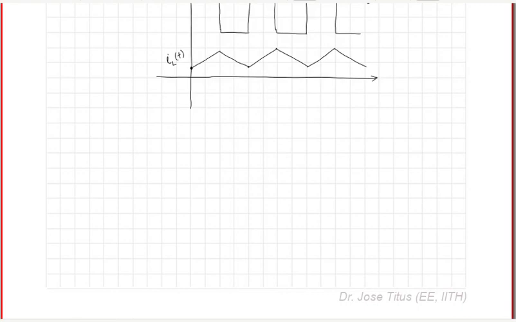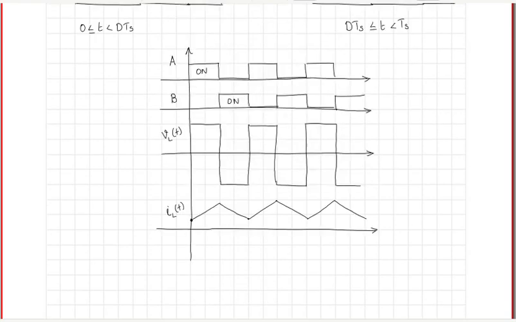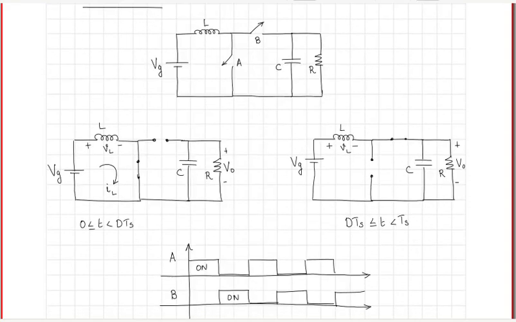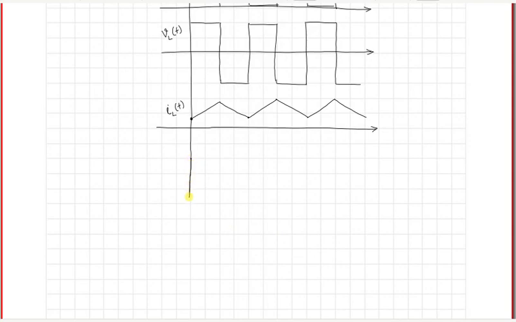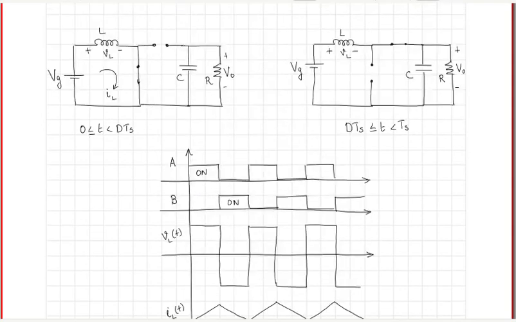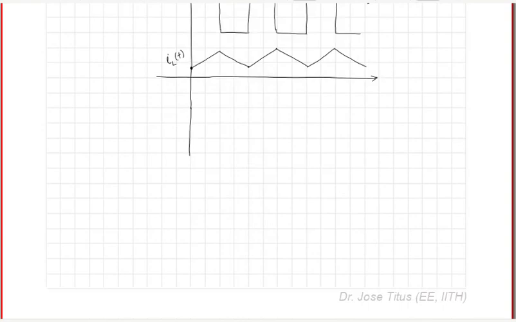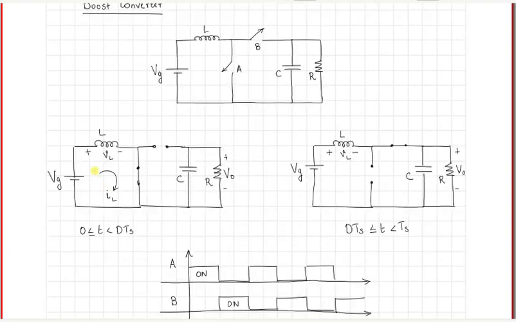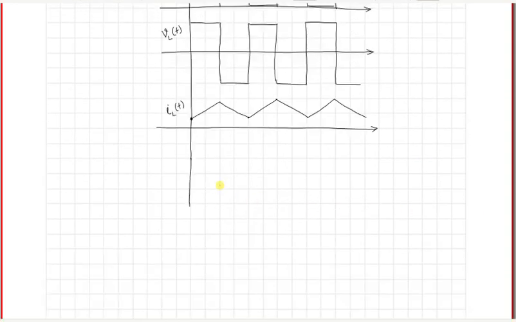Now what can we draw next? One can also look at the currents through the switches A and B. The current through switch A would be equal to the inductor current when switch A is on, and when switch B is on, the inductor current would be equal to the current through switch B. So if we draw the currents, this is iA(t).